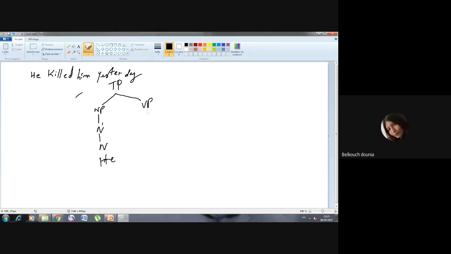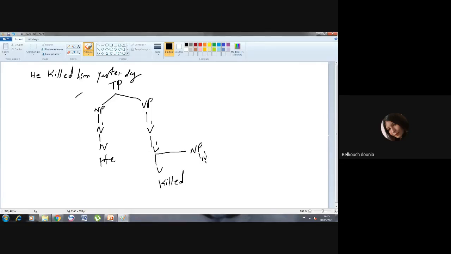Under VP we have V bar, another V bar, and we have V, killed. And from the last V bar we have noun phrase NP.